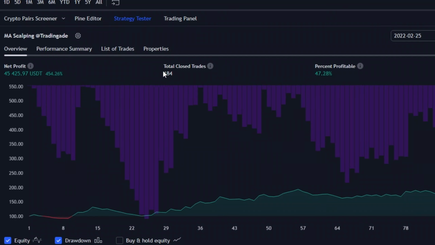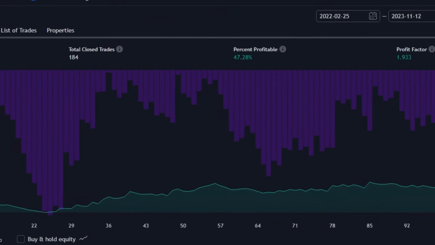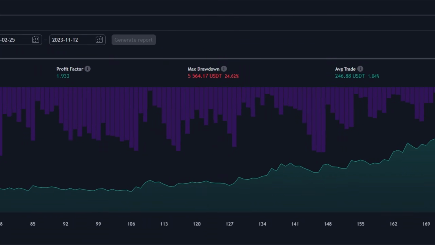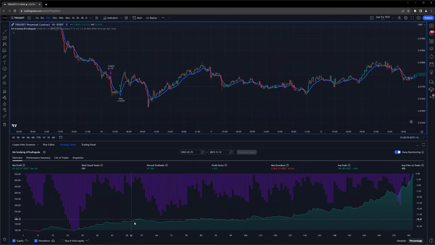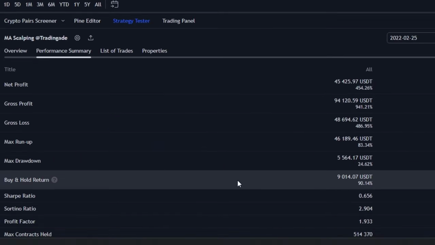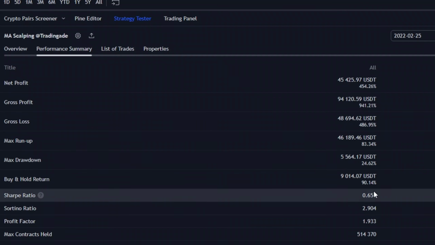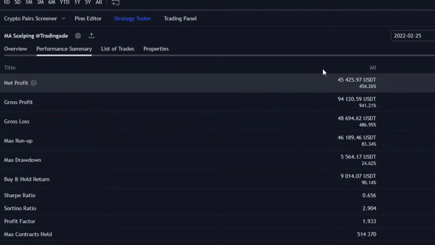454% net profit, 184 total trades, 47% profitable, 1.9 profit factor, 24% max drawdown, and 1.5 average trade. I really love this equity shape because, as you can see, it always goes up. Let's see some other statistics. Buy and hold return 90%, so we have far surpassed this value with the net profit.